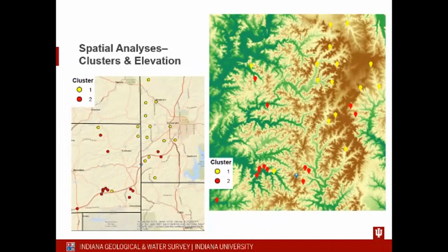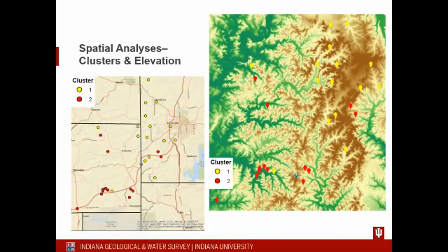So we're also looking at elevation and the role that it might play in spring chemistry. Here in the map on the right, the spring clusters are shown with elevation from low in the green areas to high in the brown areas. And we can see that there does seem to be some correlation between the low elevation with the second cluster in red and the higher elevation with the first cluster in yellow.